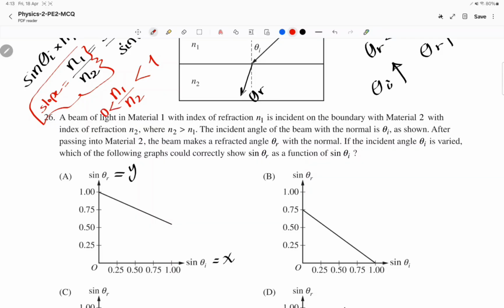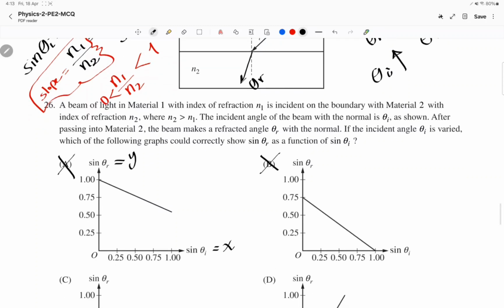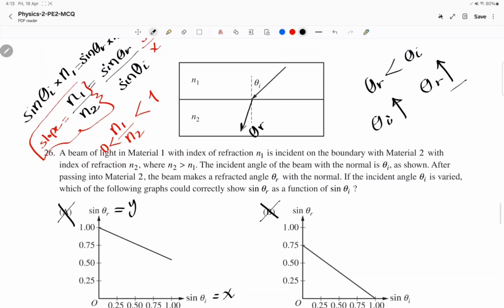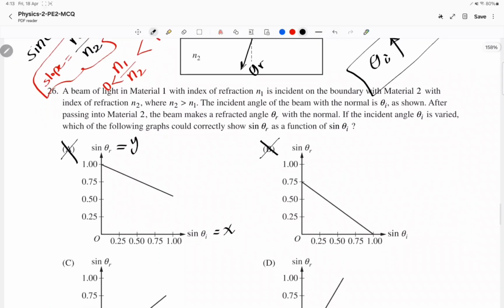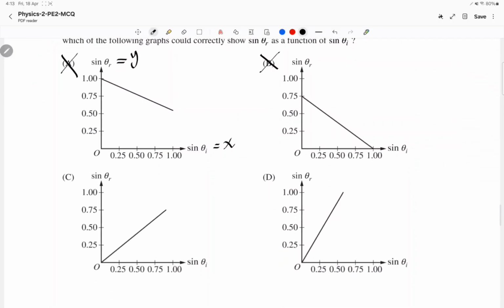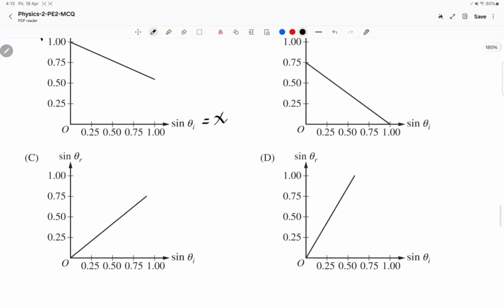So it's more than 0 but less than 1. So it is not B. It is not A. It has to be more than 0. And we also know that when there's more theta i, there's more theta r. That means you must have a slope that's going up, not going down. But it's less than 1, the slope. So which slope here is less than 1? C or D?